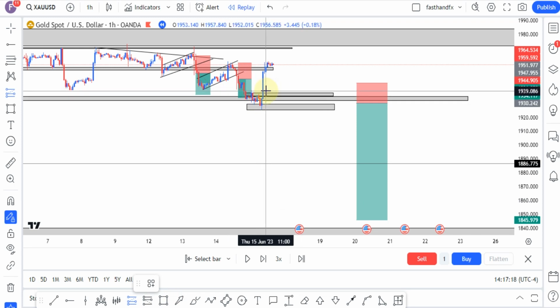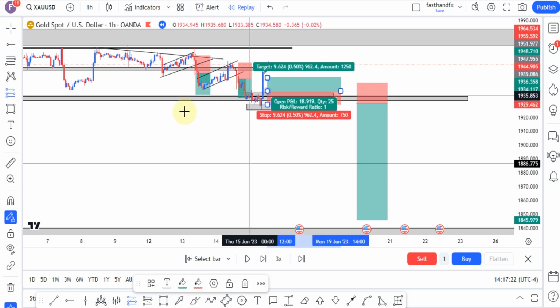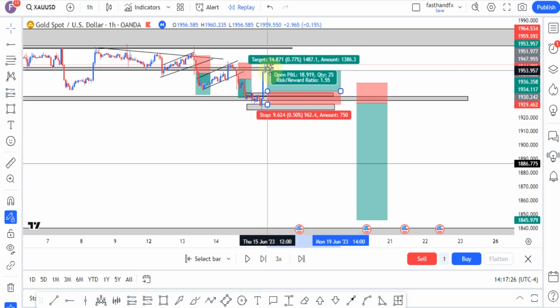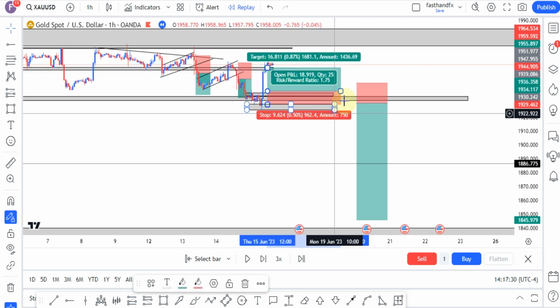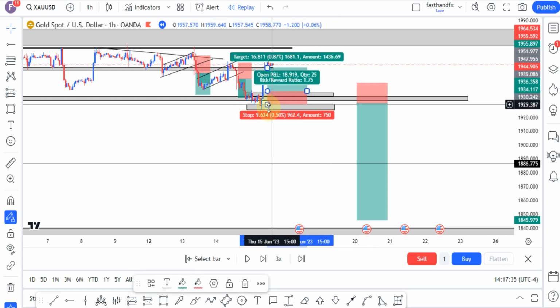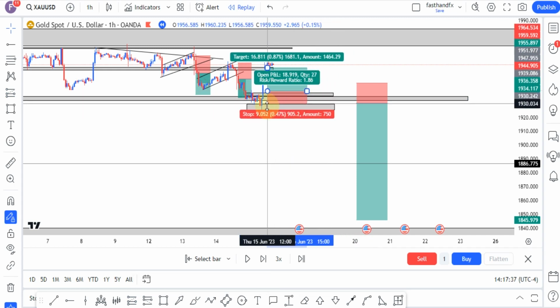And if we had taken buys at this point, I told you our first take profit should be at this point. And the market did respect our entries. We had like 93 pips stop loss.